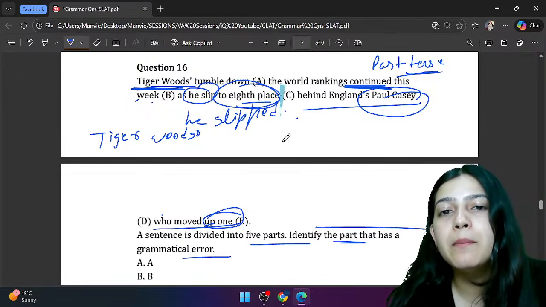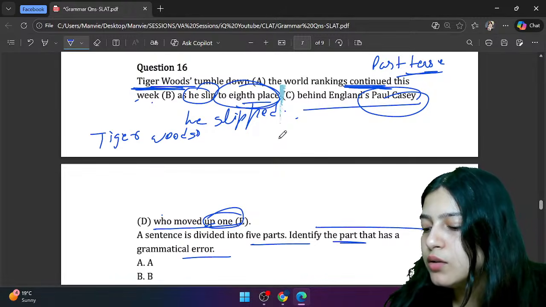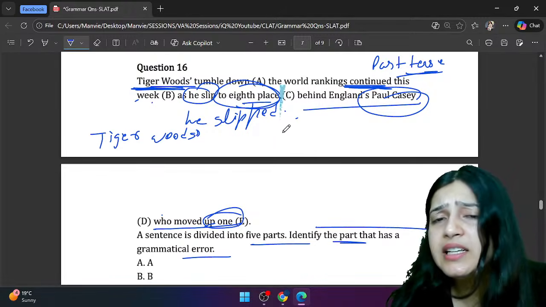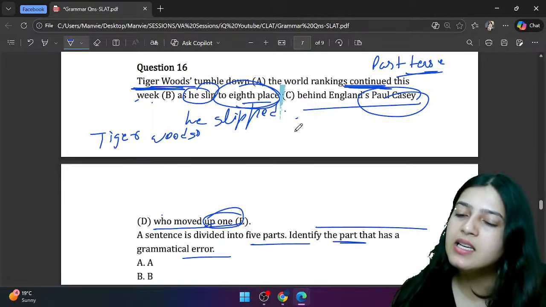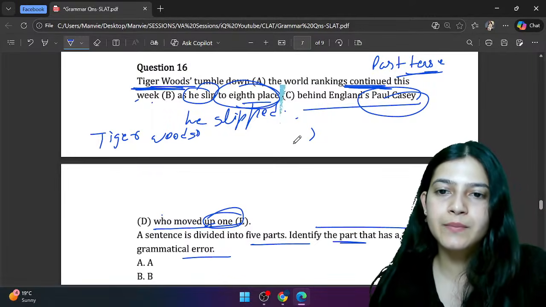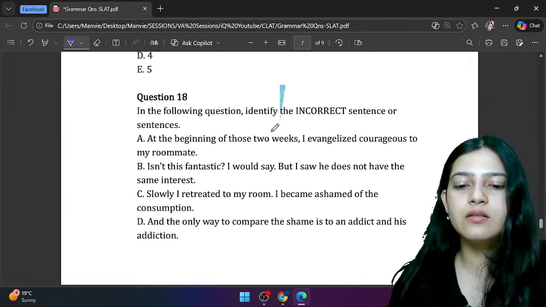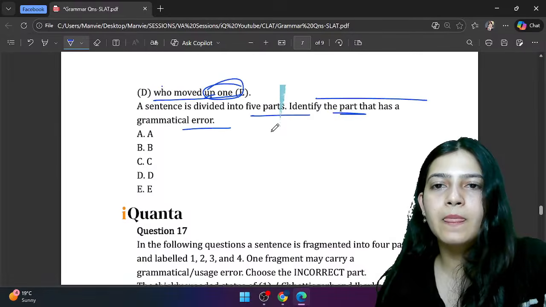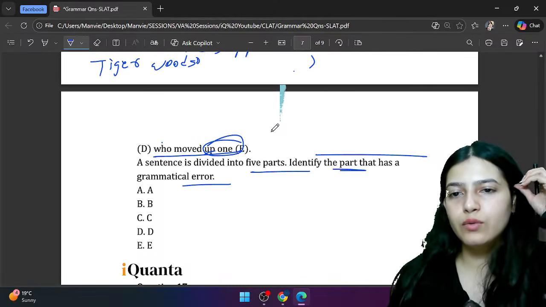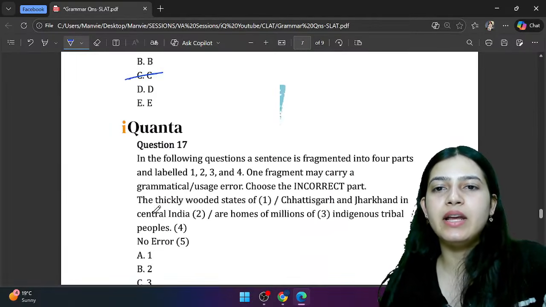For example, my boss's or James's guitar. James already has an s in the name, so you will just write the apostrophe after the s. Okay? So the correct answer is, I'm so sorry, which one? C. Okay? Now next.